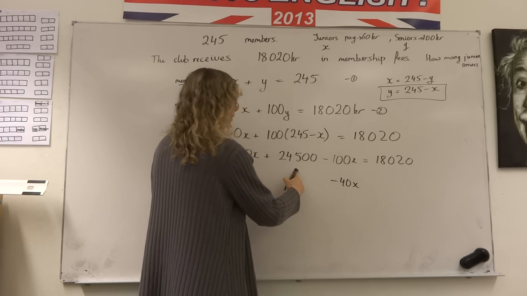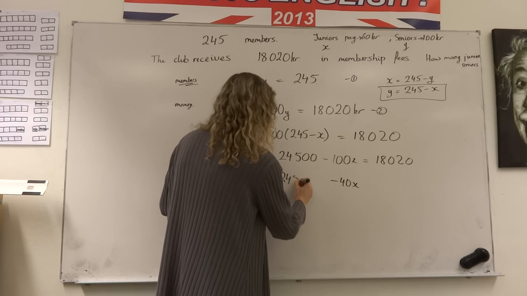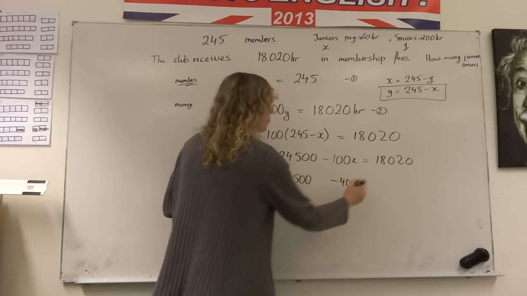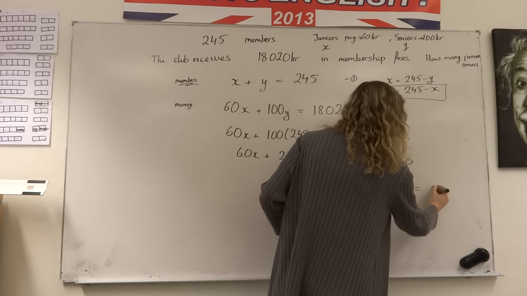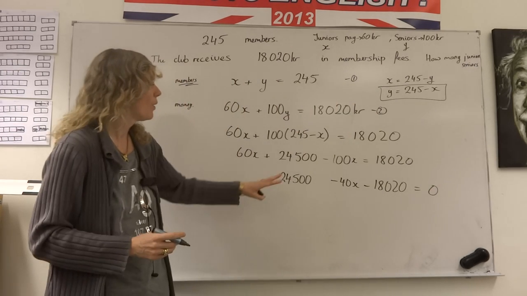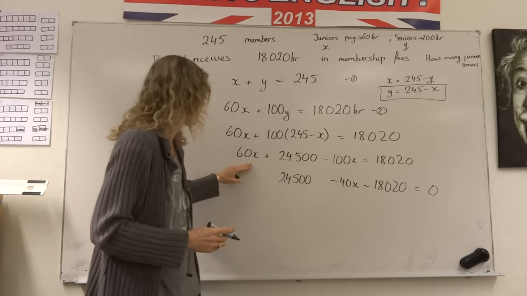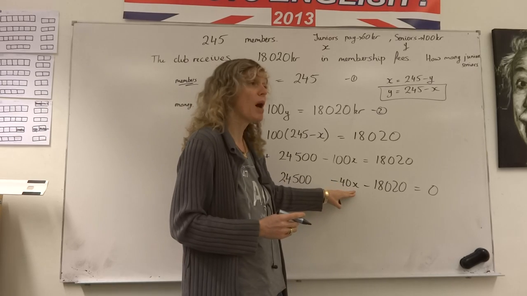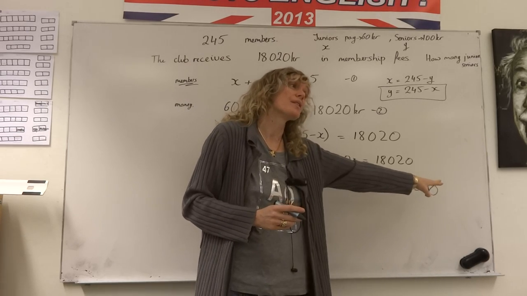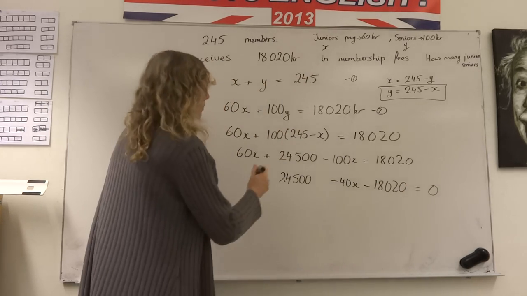If I take the 24,500 minus 18,020 equals 0, so I'm subtracting 60x minus 100x. That will give me minus 40x here, which I want over on the other side. If I move it over to the other side, I get plus 40x.